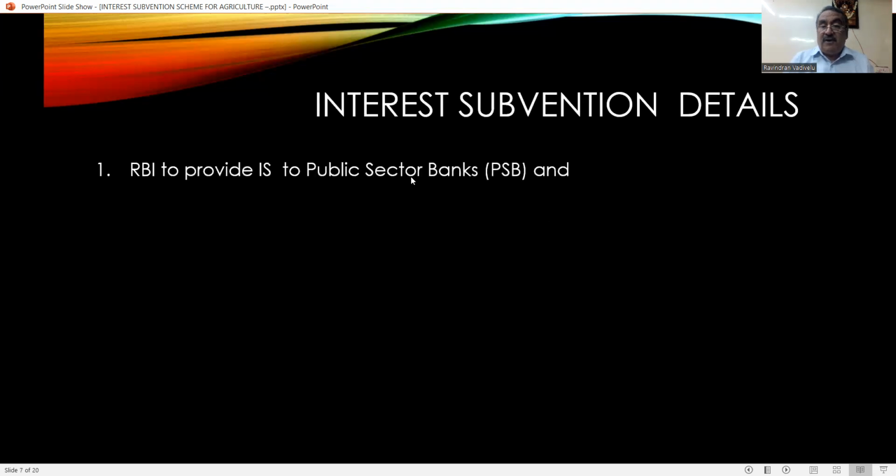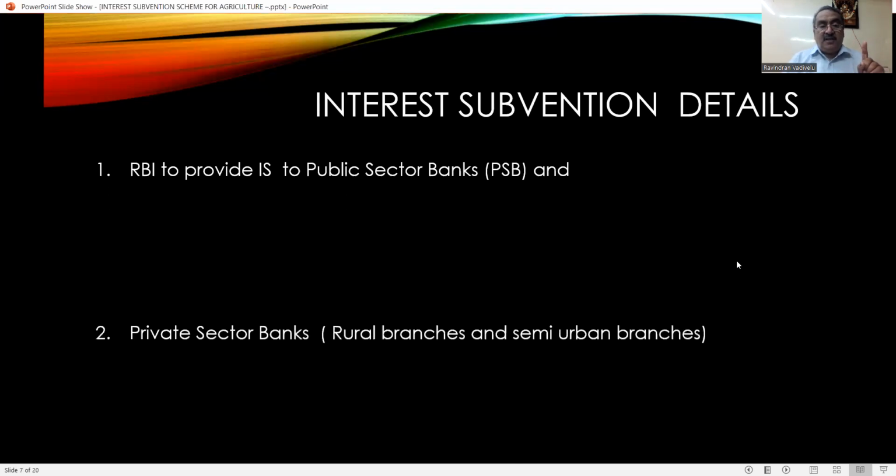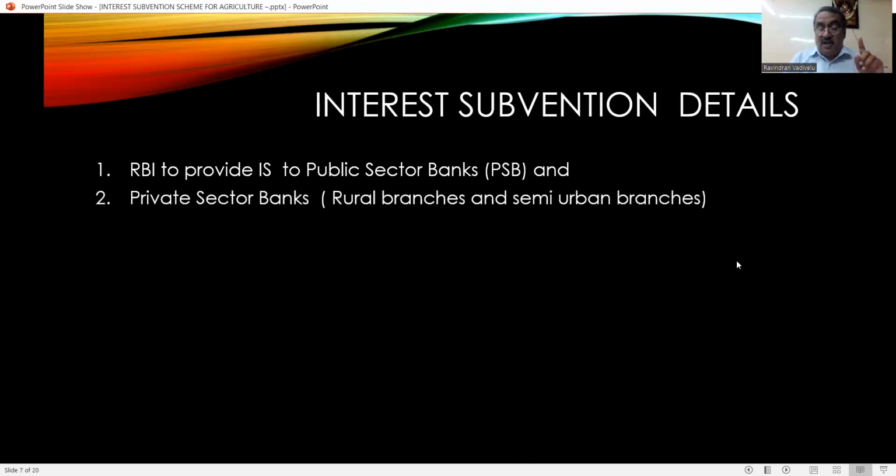Then other details of interest subvention, that is, RBI has to provide interest subvention to public sector banks. Second one is they can give the interest subvention to private sector banks, and that too in private sector banks applicable for the rural branches and semi-urban branches.